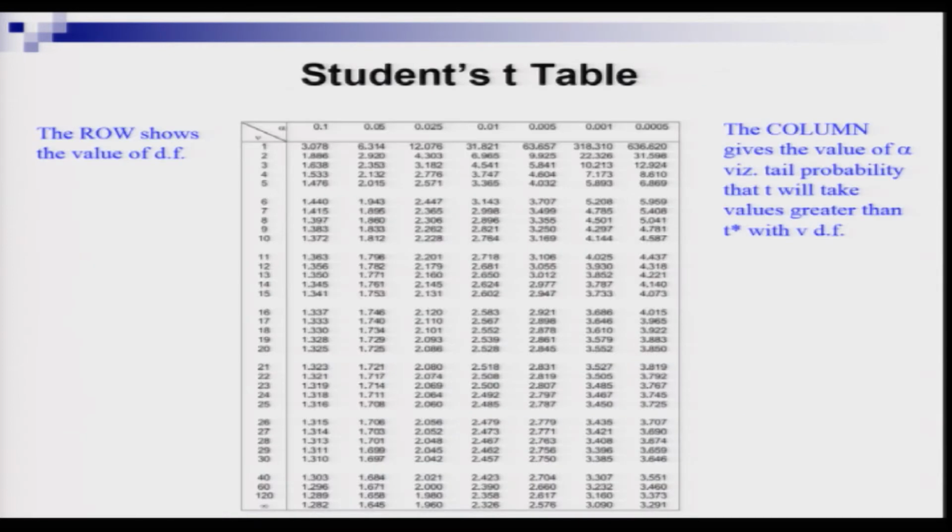Now let us look at the Student's T table, and this table will help us to figure out the probabilities corresponding to different values of alpha and V. As in the case of normal, we had taken the help of a standard normal table to compute various probabilities.